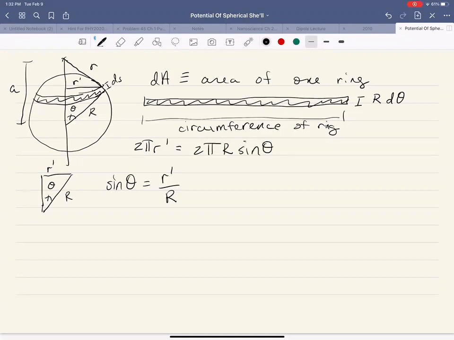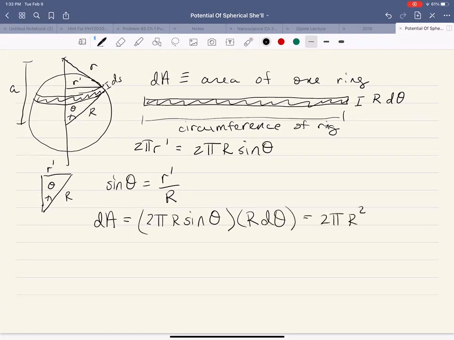Okay, so now we can write dA, which would be the area of one ring. The thickness of that little ring would be r d theta, and the circumference of the ring is 2 pi big R sine of theta. So that means that dA is going to be equal to 2 pi R sine theta times big R d theta, and that gives me 2 pi R squared sine theta d theta.